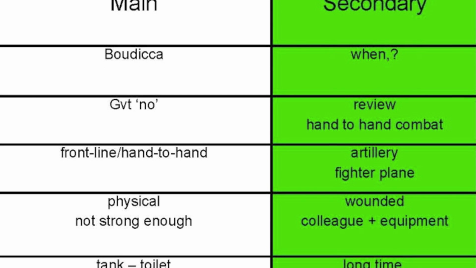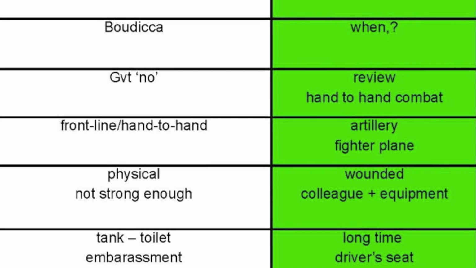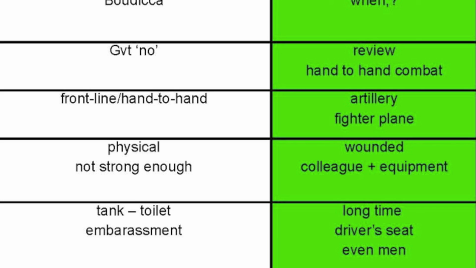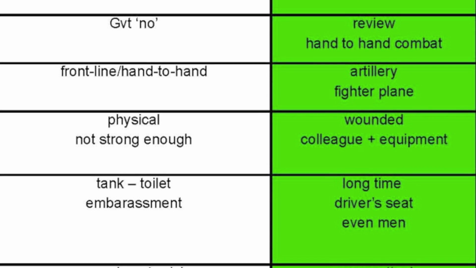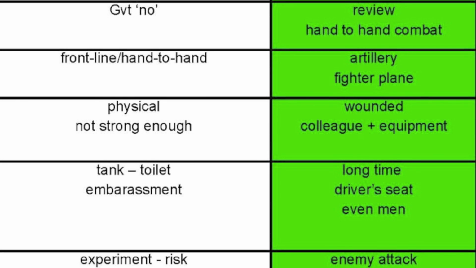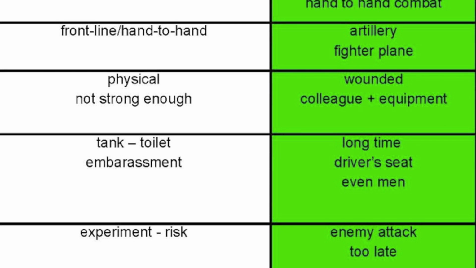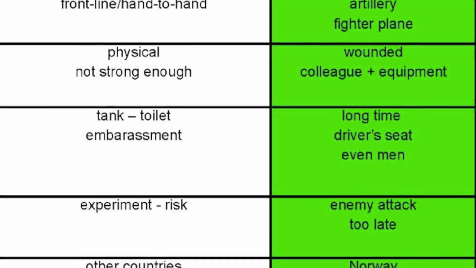Then we have the second column, which is the main column. Now, this is what you might call the bare bones approach to the speech. In other words, these are the key parts of the speech which would enable the speech to hang together as a structured and logical whole, even if you didn't have any of the detail.